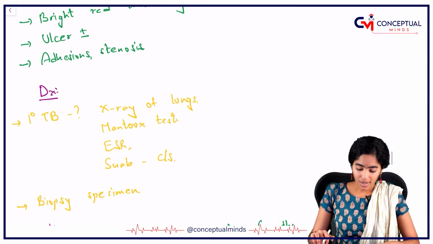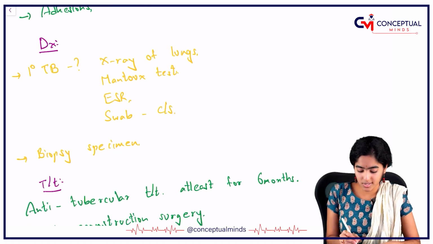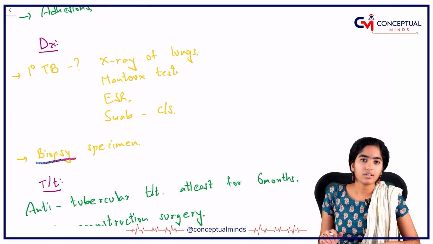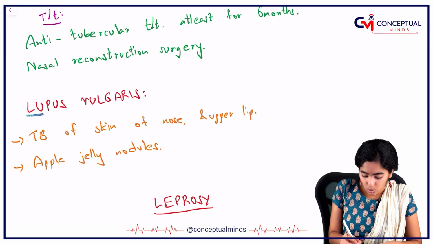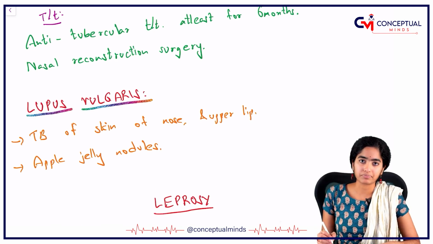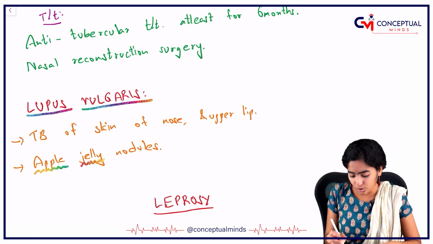Okay, for diagnosis of secondary tuberculosis, a biopsy specimen is taken. It is anti-tubercular treatment, okay, and nasal reconstruction surgery. What is lupus vulgaris? It is tuberculosis of the skin of the nose and upper lip. And the most important feature is apple jelly nodules.